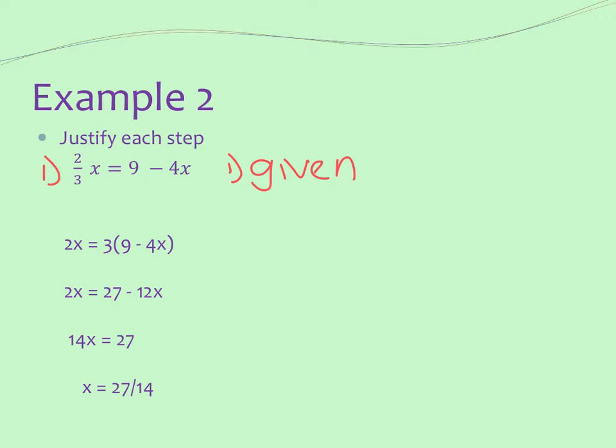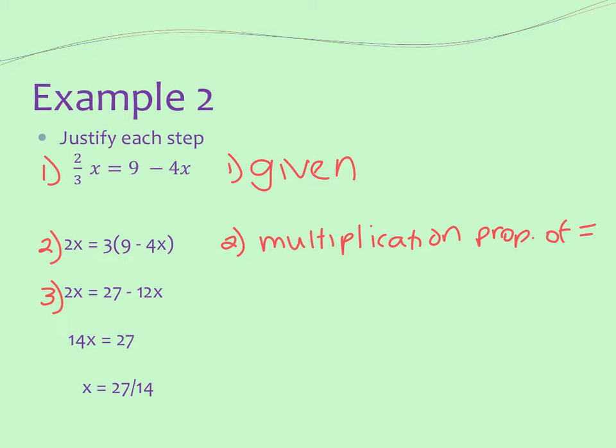Now how did we get from step 1 to step 2? Multiply by 3. Good. So we multiplied, which is the multiplication property. And technically it's multiplication property of equality. Then how'd you get from step 2 to step 3, Chris?